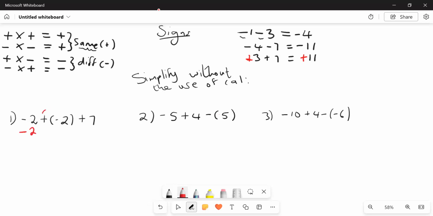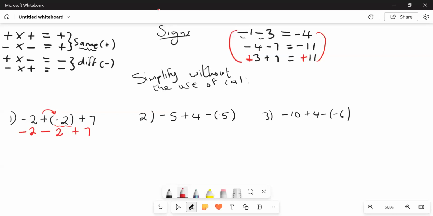A bracket means multiplication, so a negative times a positive: I'm multiplying different signs, so I'm expecting a negative. Then you drop down that 2. We're done with the bracket now. We drop down that +7, and then we come back to this.